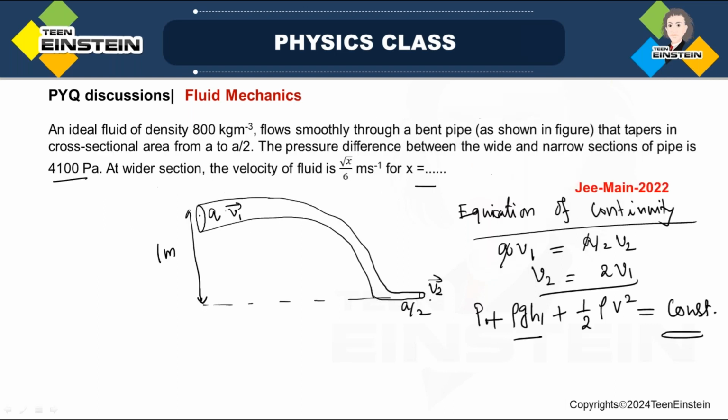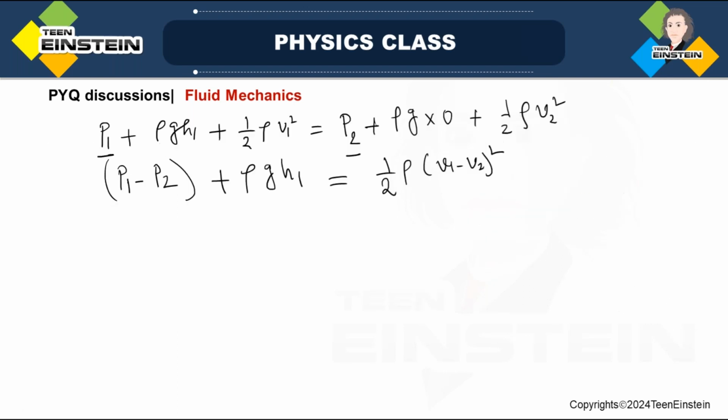Okay, so what is v2? v2 is 2v1. Let me write in terms of v1. Then I get v1 minus 2v1 whole square. So on this side, then I can write v1 square is equal to 2 by rho into this. This is P1 minus P2, that is given, the pressure difference, 800 kg per meter cube.